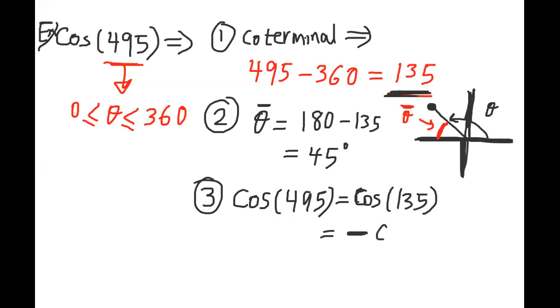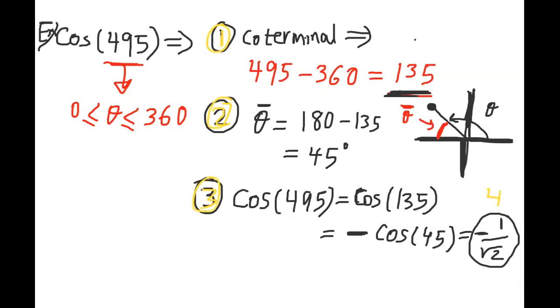So minus cosine 45. What is the answer? From the table, 1 over square root of 2. Yes. So again, first step, second step, third step, fourth one. We just add one more step by finding the coterminal.